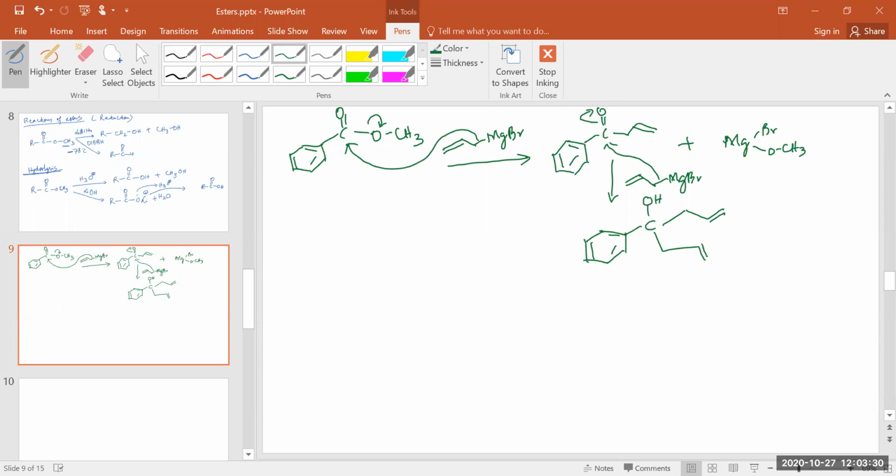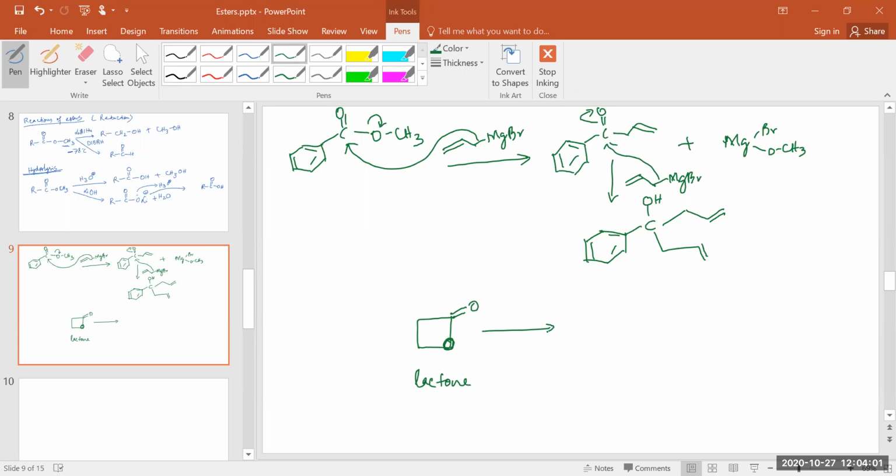Okay, so all those reactions you can repeat with cyclic esters. Let's say this one. What are the cyclic esters called? They are called lactones.